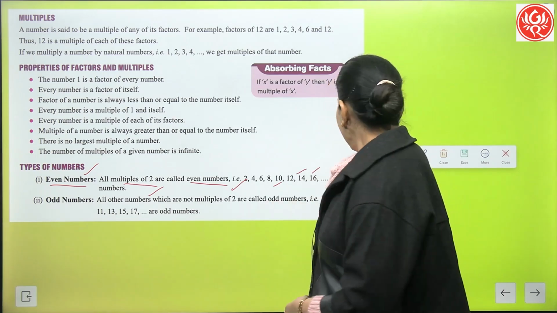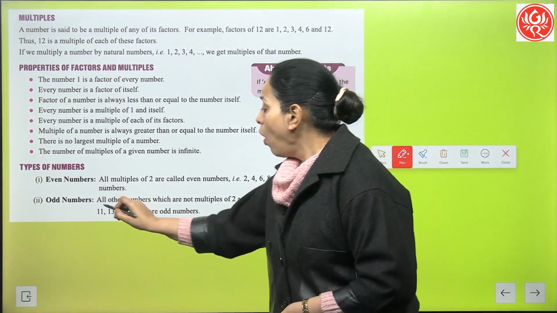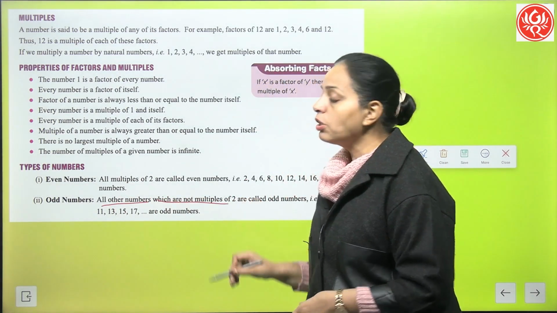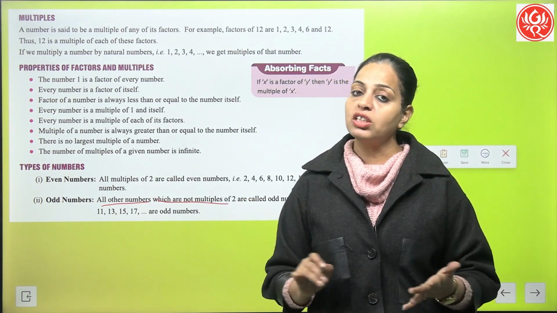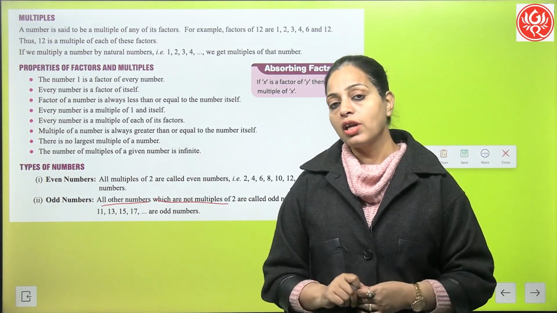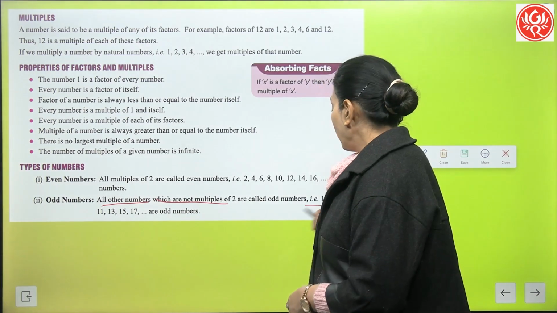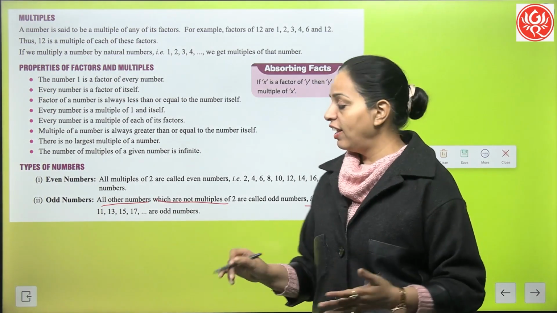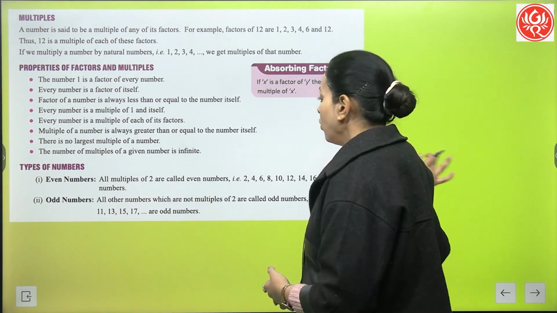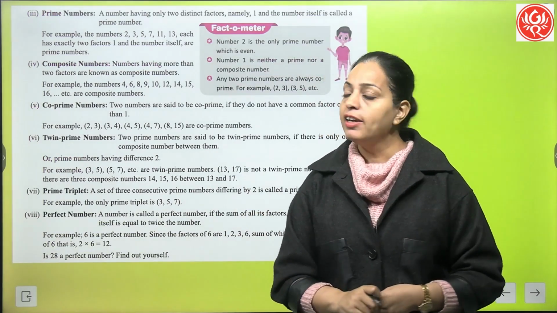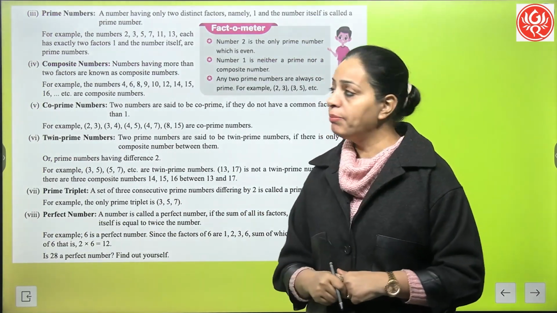Okay. Now the next is odd numbers. All other numbers which are not multiples of 2, यानी जो 2 से divide ना हो, those are odd numbers. Like 1, 3, 5, 7, 9, 11, 13. These all are odd numbers. Fine. Now the next is prime numbers.